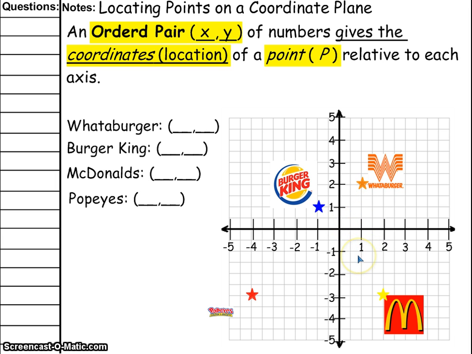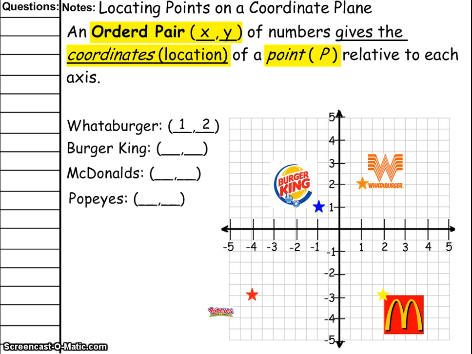So that's going to go in the first part of our ordered pair. And then I'm going to locate where it is on our y coordinate, which is here at 2. So that's going to go into our y coordinate. So the ordered pair for Whataburger is 1, 2.